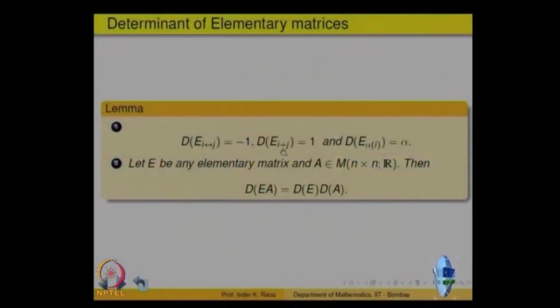The second one was Ri plus Rj. If you take the ith row and add it to the jth row, what should you get? Just now we saw that alpha Ri plus Rj gives the same determinant as the original one. Here alpha is 1, so 1 times Ri plus Rj is put in the jth place.